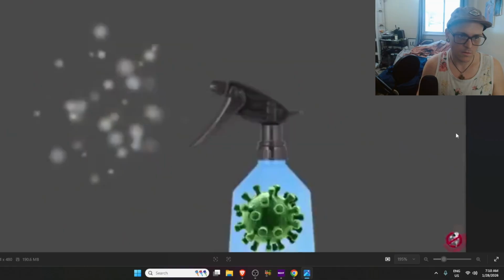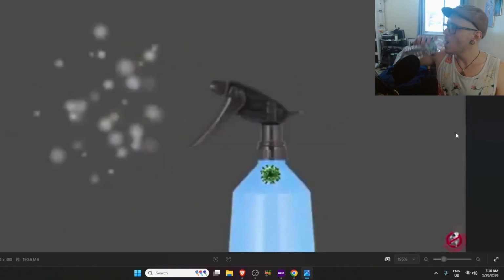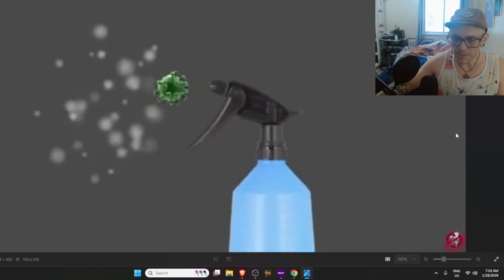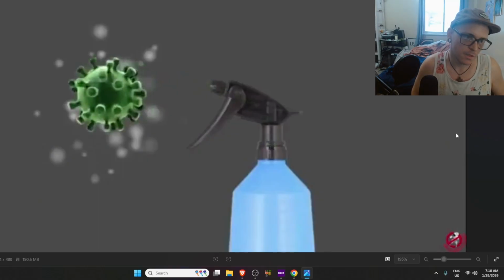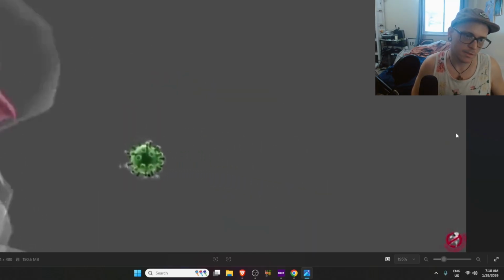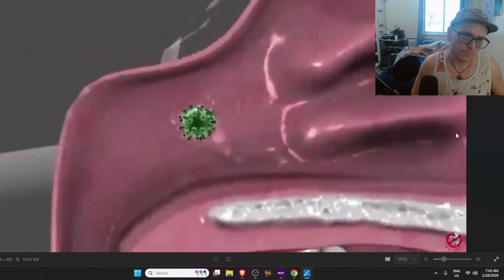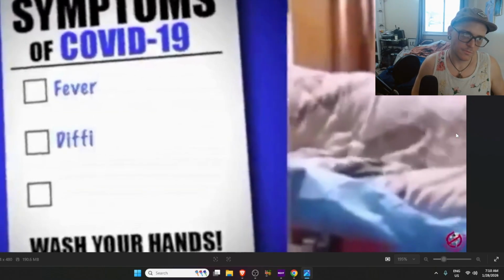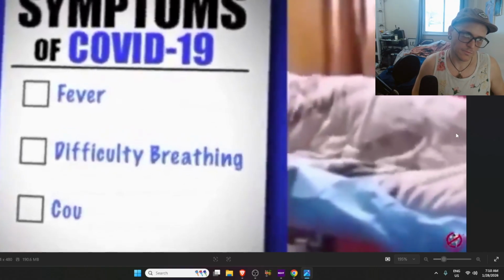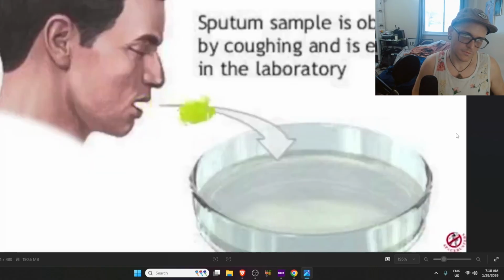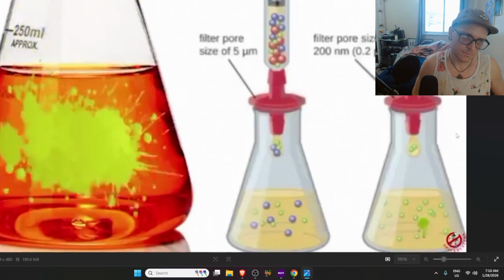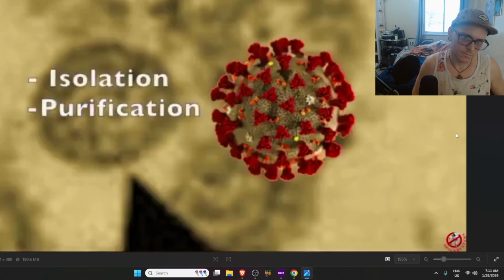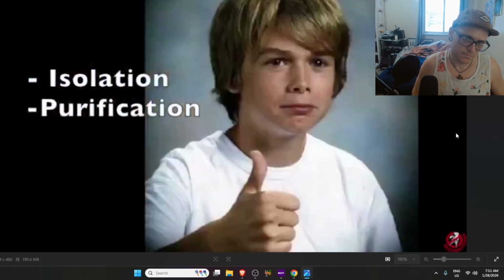Then we simply inject or spray that isolated and purified virus particle material only into healthy people and see if those particles make them sick with the exact same symptoms as the sick person whose snot or sputum sample we used to get those particles from in the first place. That's isolation and purification. So simple a child could understand it.